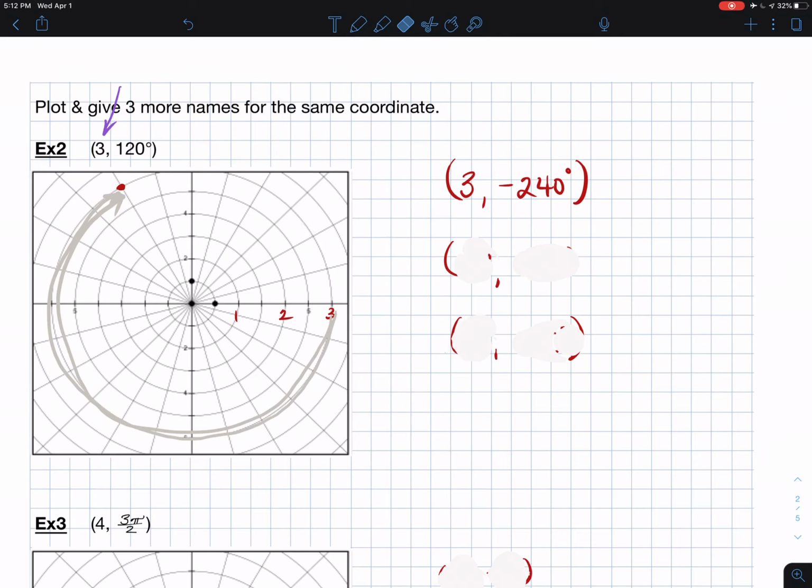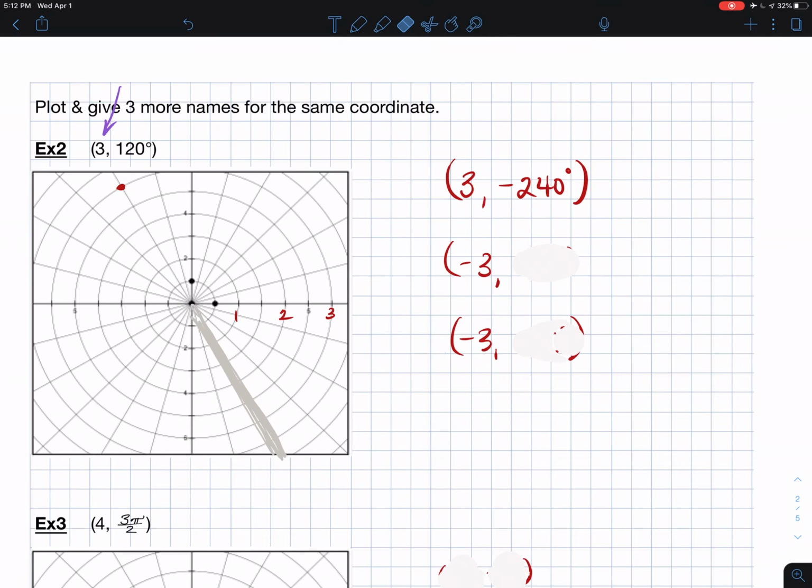Now, let me erase some of these so it's not quite so distracting. That's all if I'm using the positive radius spoke. But what if I used the backdoor spoke? The backdoor spoke would cause me to use a negative radius. And I can get to the backdoor 2 different ways as well.